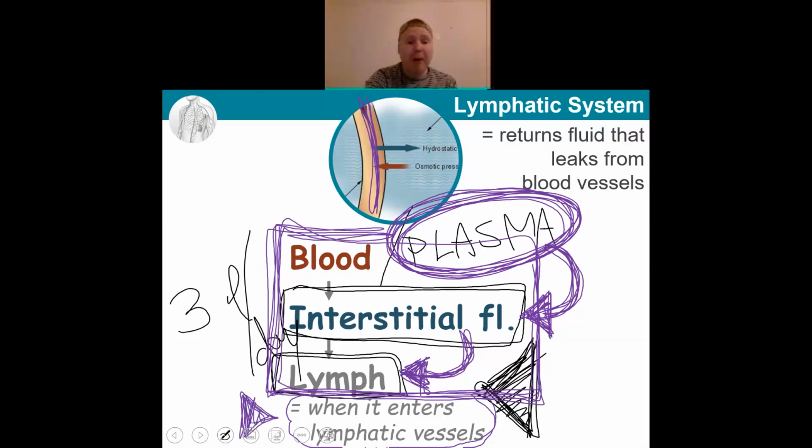This is going to be one of the questions in the exam: when does interstitial fluid become lymph? The correct answer is when it enters the lymphatic vessels, when it enters the lymphatic system. Until it enters the lymphatic system, we still keep calling it interstitial fluid.